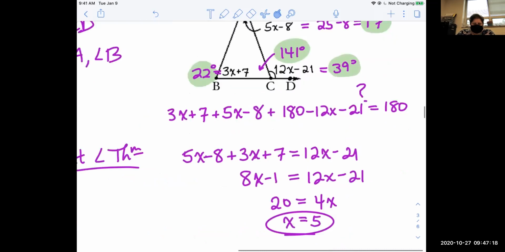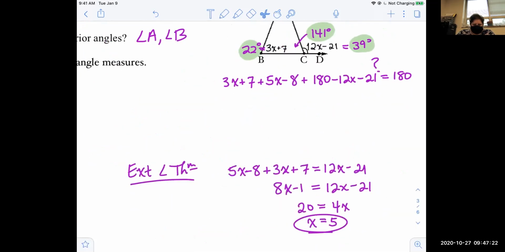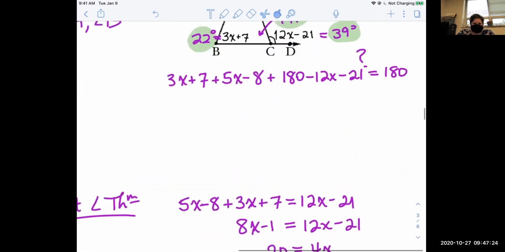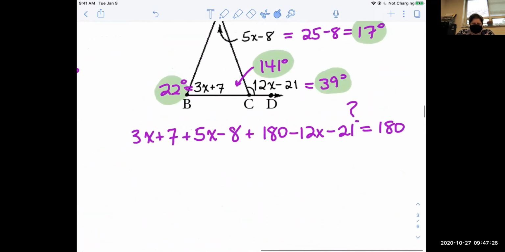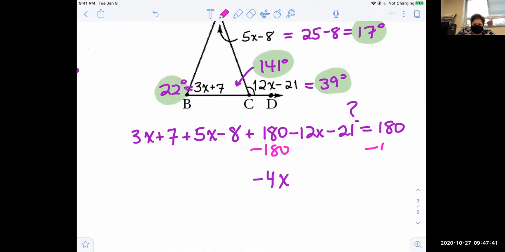Now let's go back to this other equation and check its solution. So if we try to find the supplement of the 12x minus 21 and work that out, let's see what happens. That's 8x minus 12x is minus 4x. I'm just going to subtract that 180 on both sides to make it disappear so I don't have to mess with it.